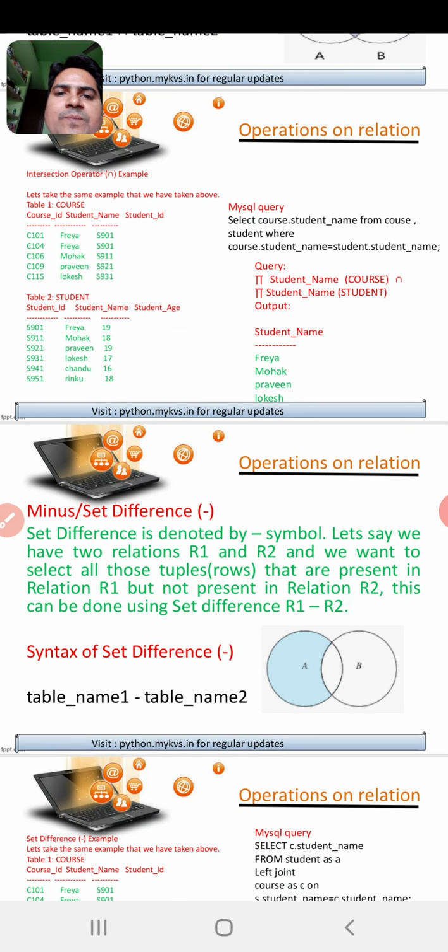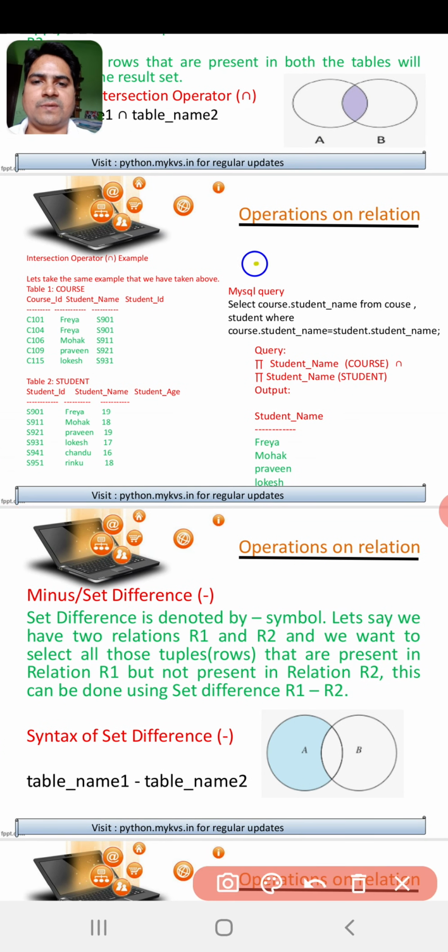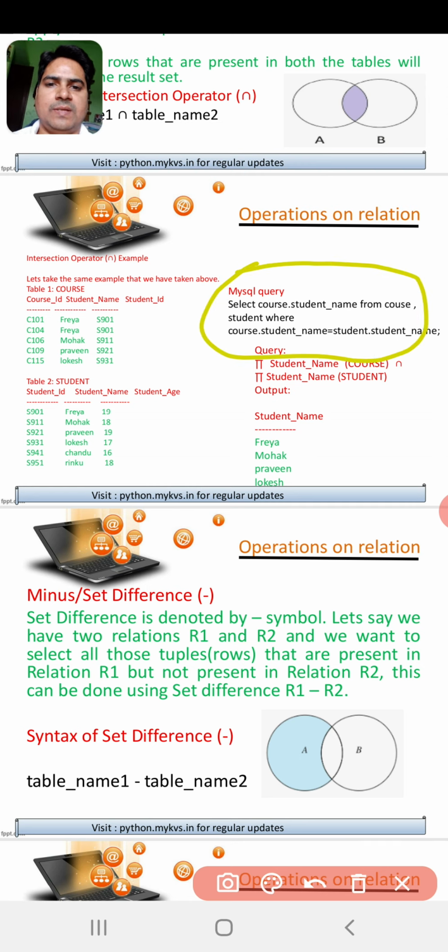Similarly, the query. Relational query you have seen, now you can see here SQL query. Select course dot student name. Course dot student name means student name selected from course table, first table course. Okay. Select course dot student name.